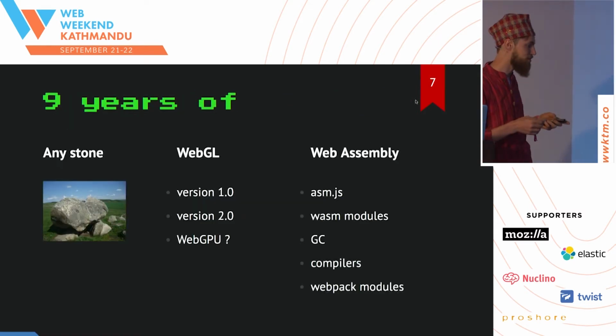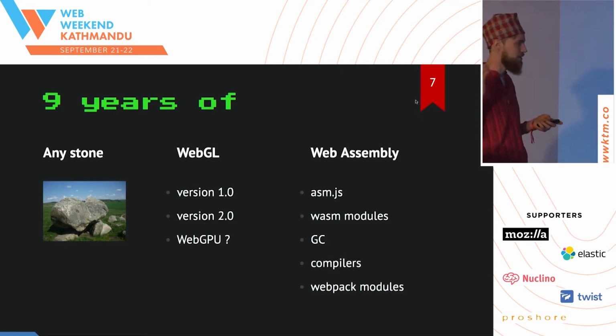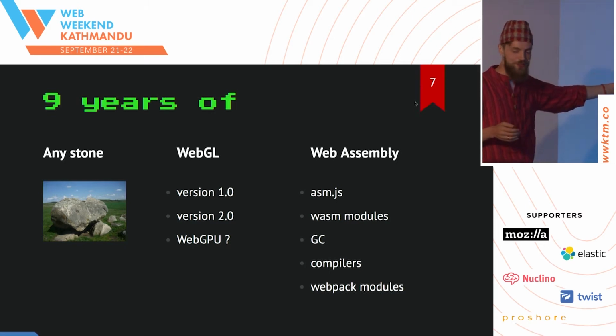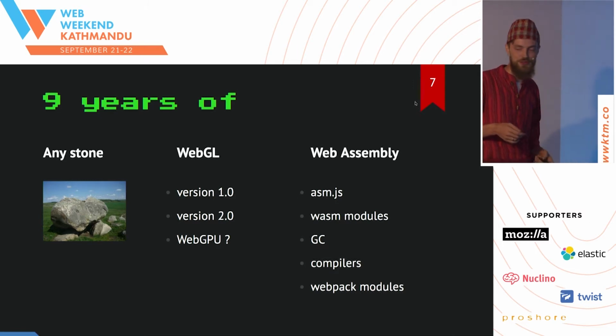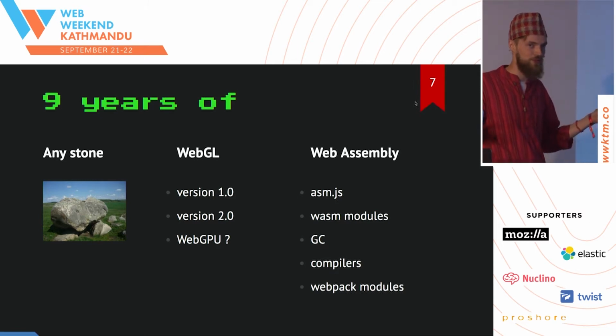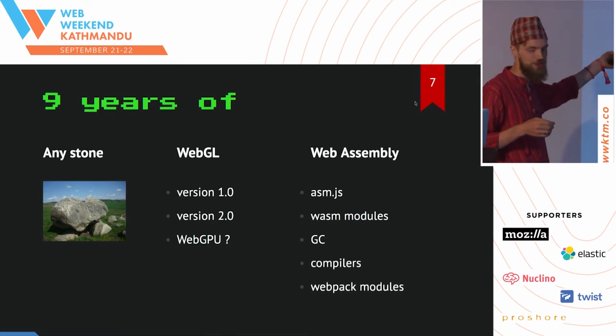And what about WebGL in history? The history of WebGL is 9 years, but in difference with WebAssembly, it's already in stagnation because we have a really good, interesting technology, WebGPU, but it's not on stage now, and we have only version 2 and version 1.